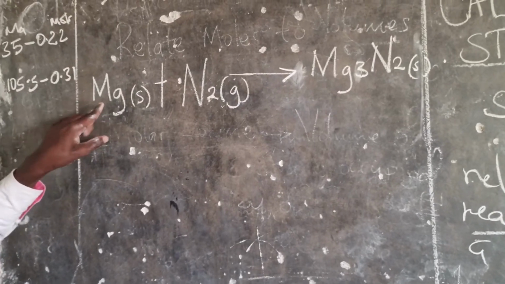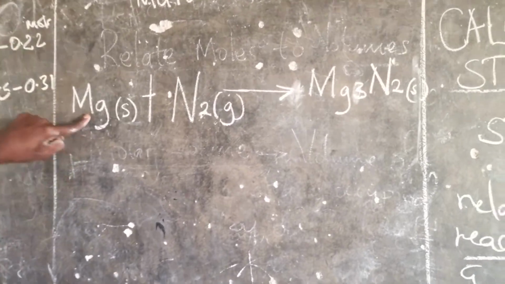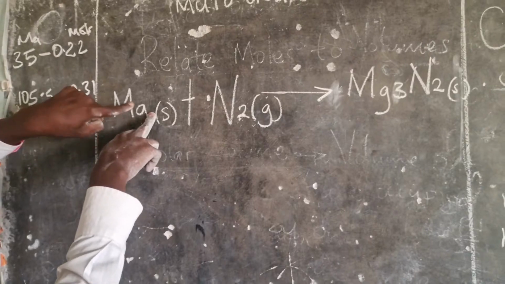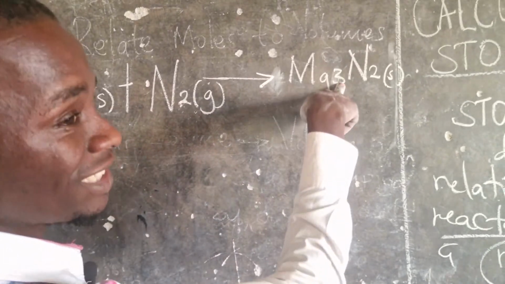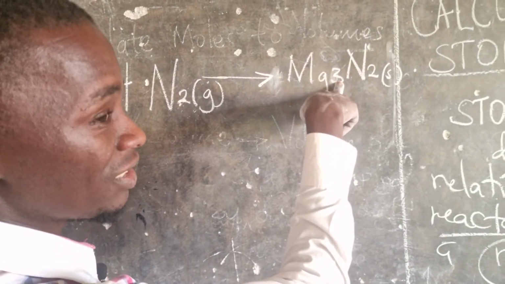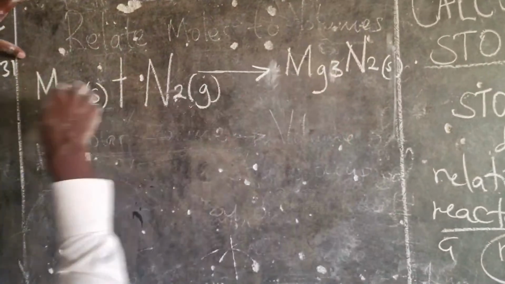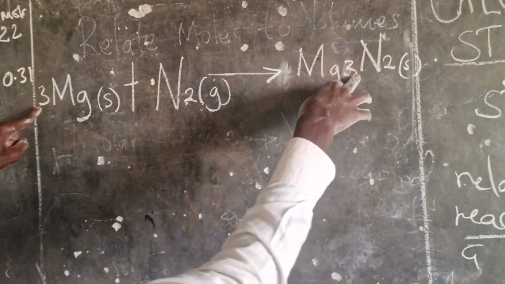When we look at this one, how many magnesium atoms do we have this side? We have 1. How many magnesium atoms do we have this side? We have 3. So how can we balance this one? When we put a 3 here, will the magnesium balance?